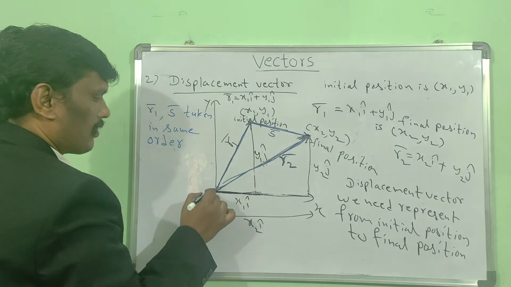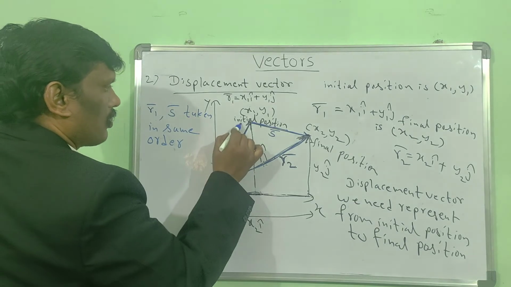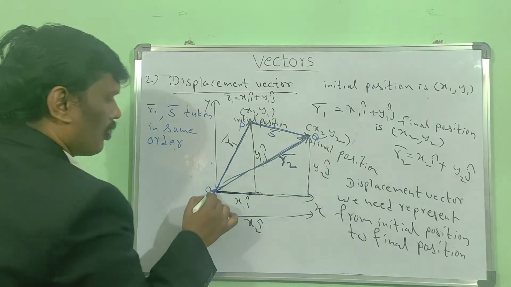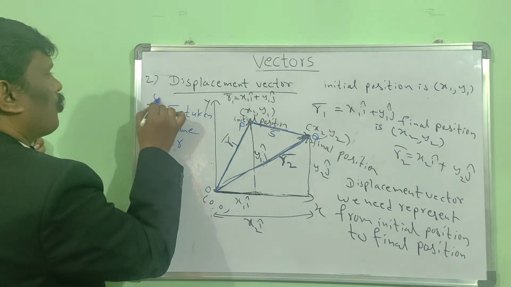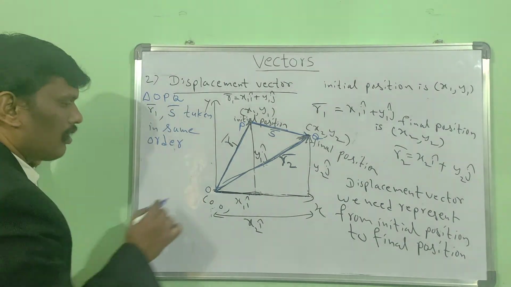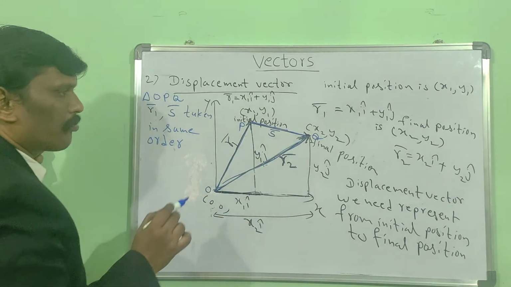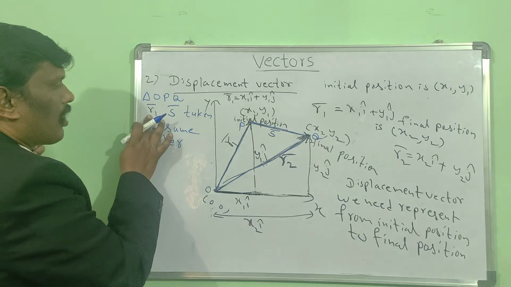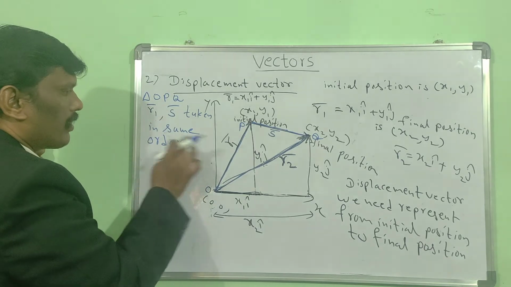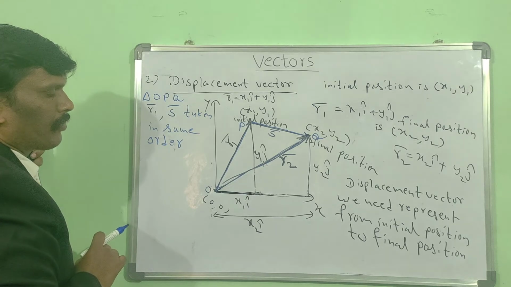If you want to give the name, this is the O, this is the P, this is the Q. OPQ is a triangle. In the triangle, two sides of a triangle, that is OP and PQ, represented by two vectors, that is R1 bar and S bar, taken in the same order.